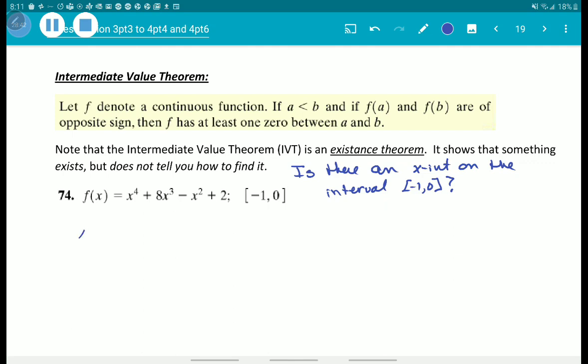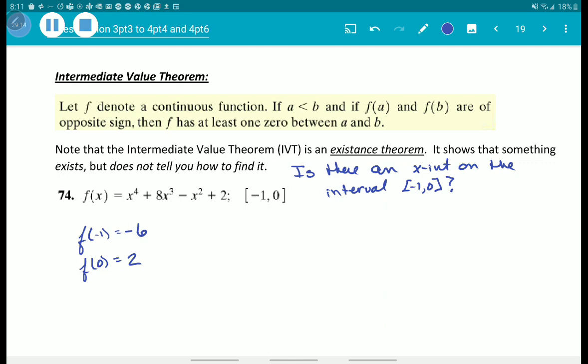So, intermediate value theorem. Here's how it works. We're going to plug in those endpoints for that interval. So, if we plug in a negative 1 into that function, we get a negative 6. If we plug 0 in, we get a 2.